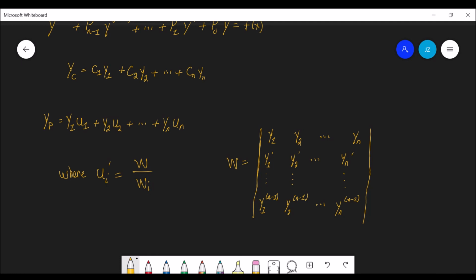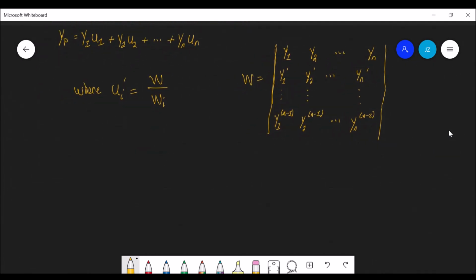That determinant. And wi is found by replacing the ith column in W with 0, 0, all the way down to f of x.